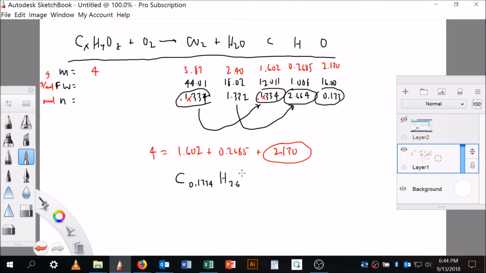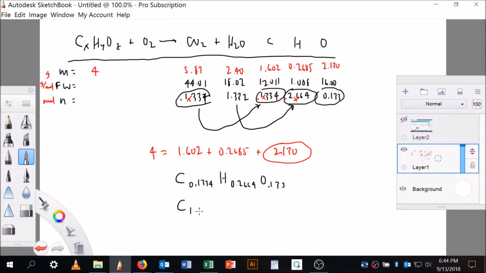It's not 2.6. This is another mistake. Look at that. It's right here. It's 0.266 for hydrogen, and 0.133 for oxygen. Okay, so we divide all by the smallest number.